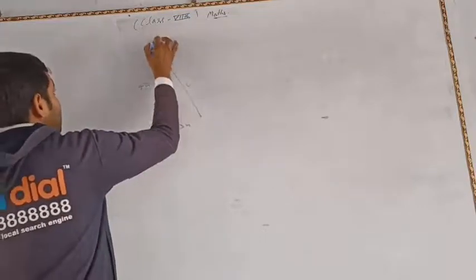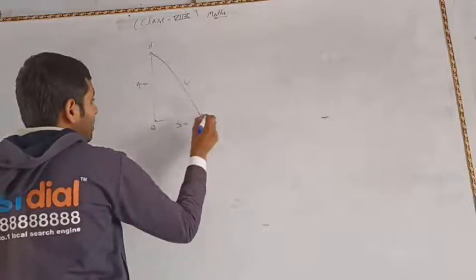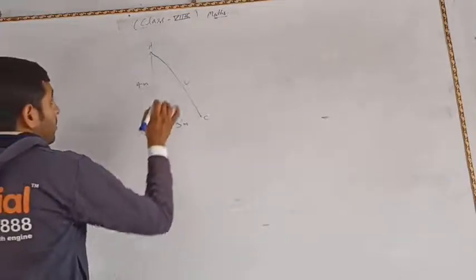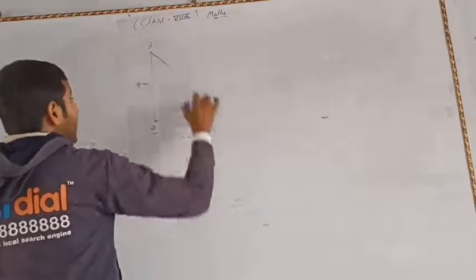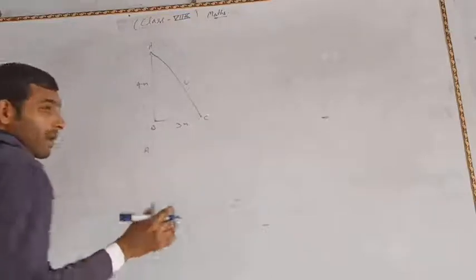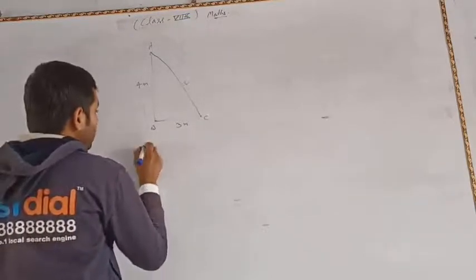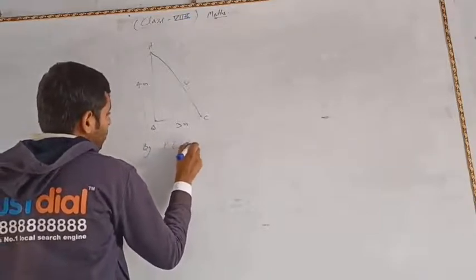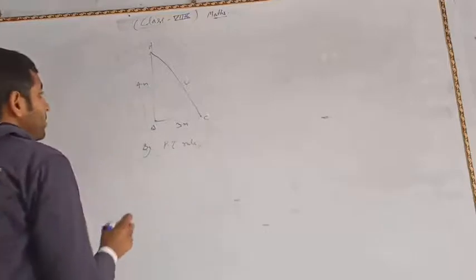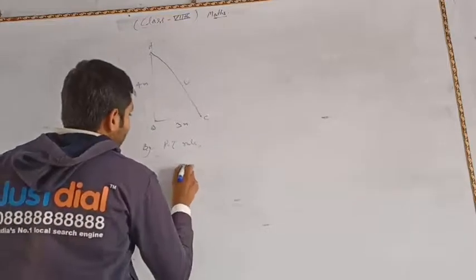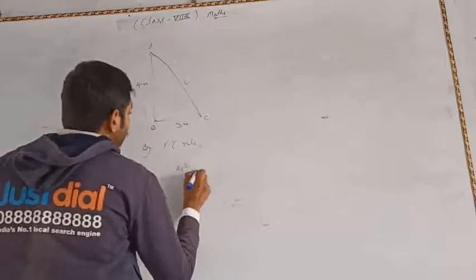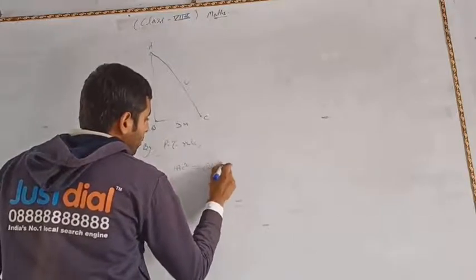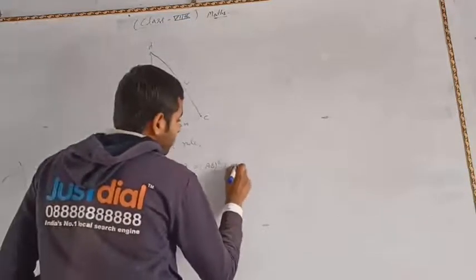Here this point is A, this point is B, and this point is C. From here we can apply the Pythagoras theorem. By the PT rule, AC square is equal to AB square plus BC square.